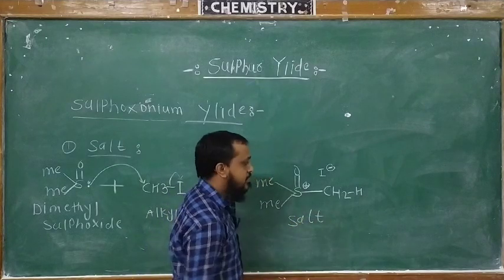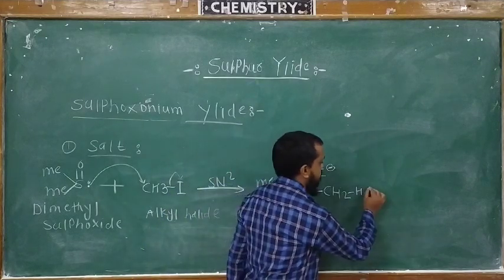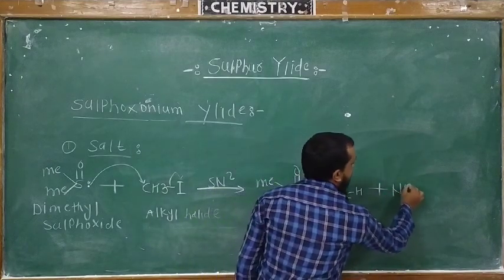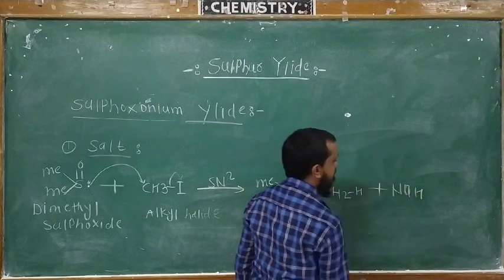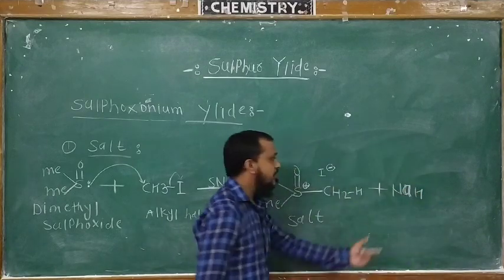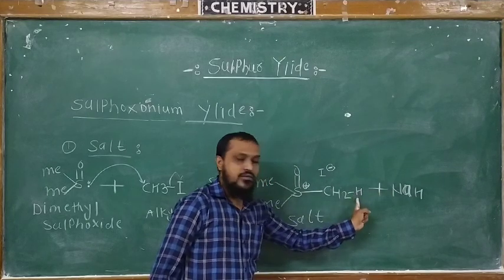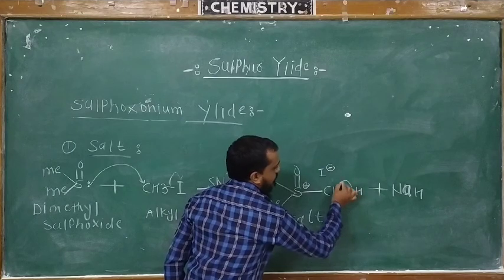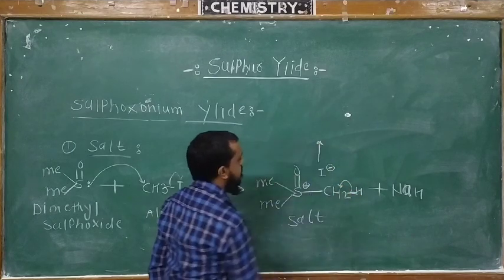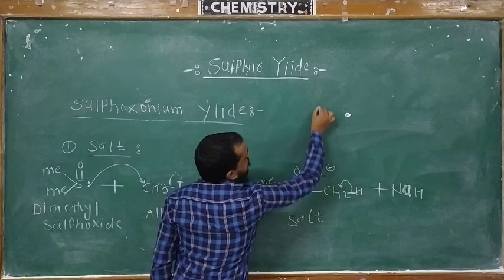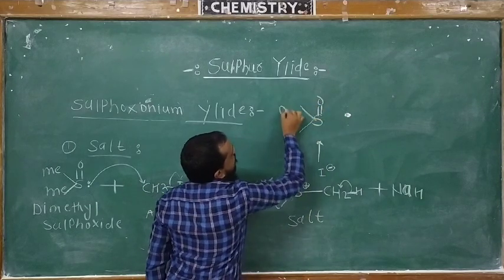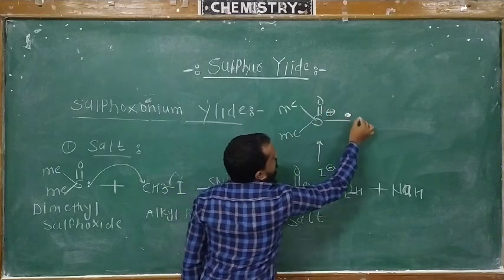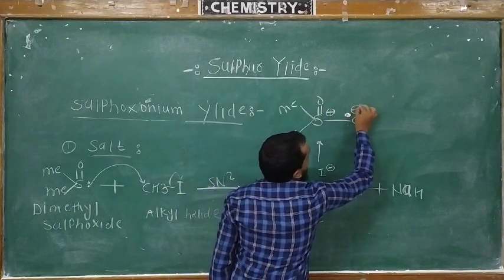This further reacts with a strong base. Generally here I have taken sodium hydride. We know that sodium hydride extracts one proton from here, and we will get our final product, S(O)Me2 positive, CH2 negative.